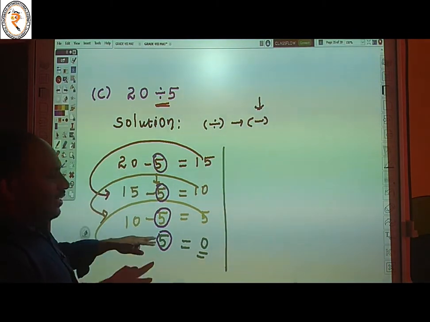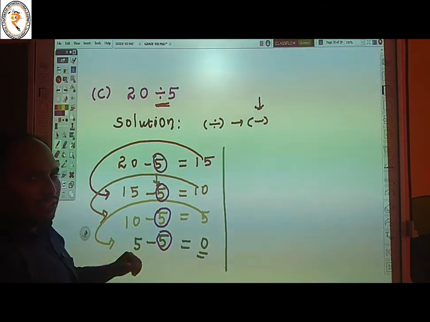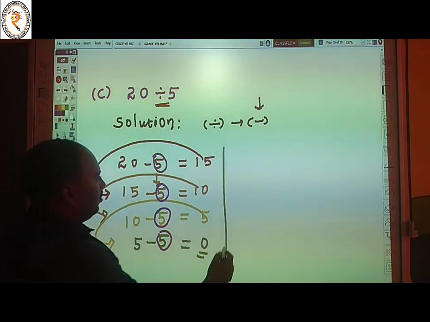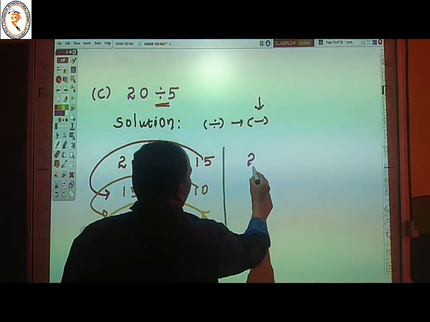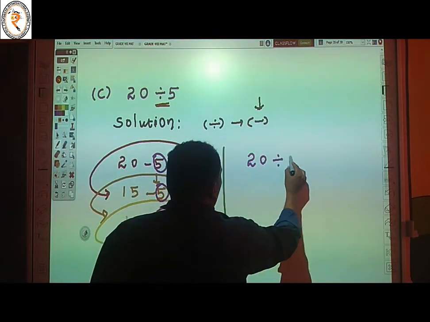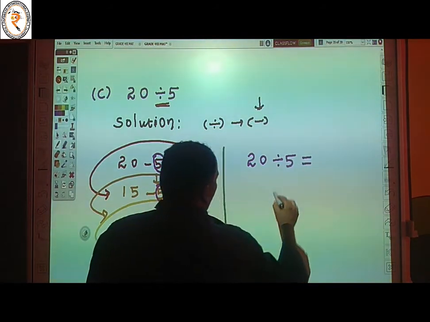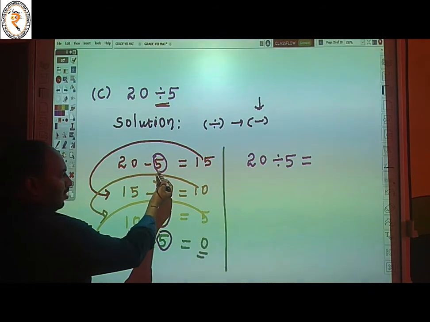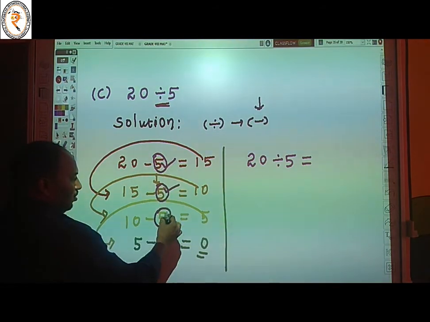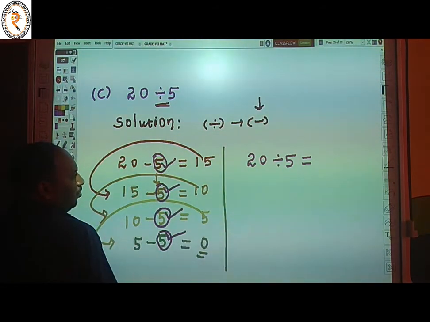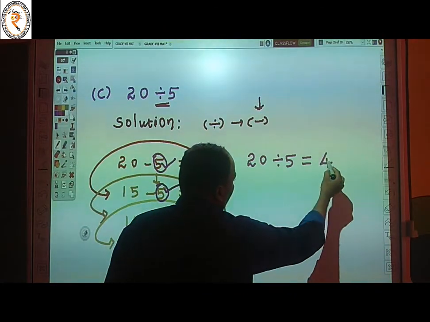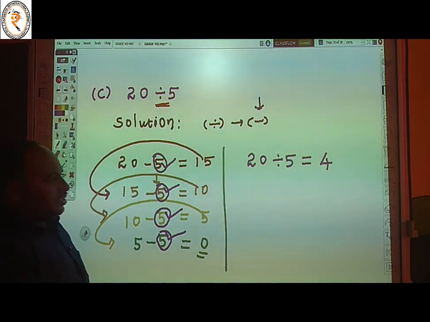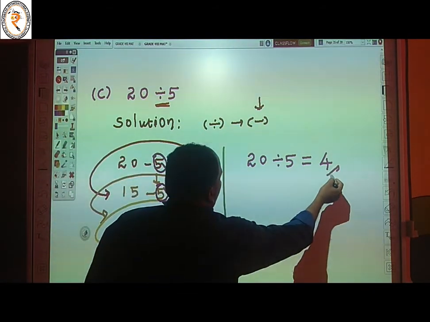So 20 divided by 5 is equal to, we subtracted 5 how many times? 1, 2, 3, 4. So our solution is 4. So 20 divided by 5 is equal to 4. Therefore our answer is 4.